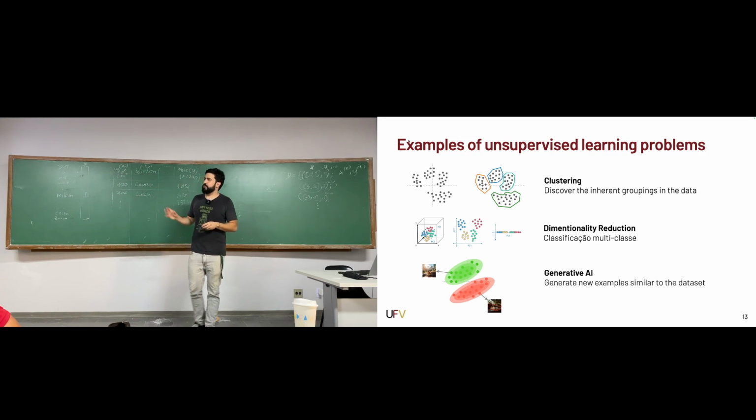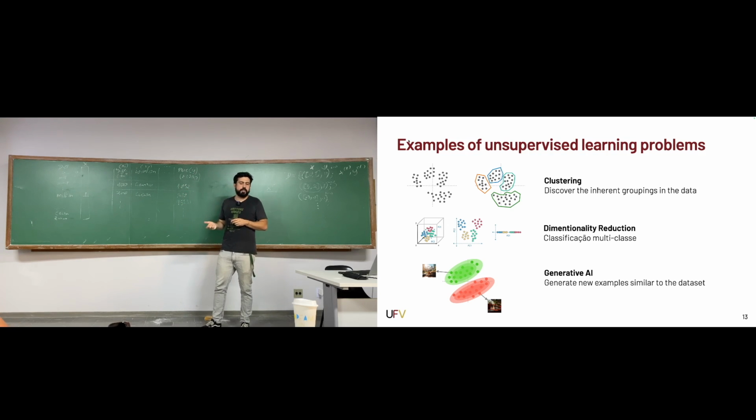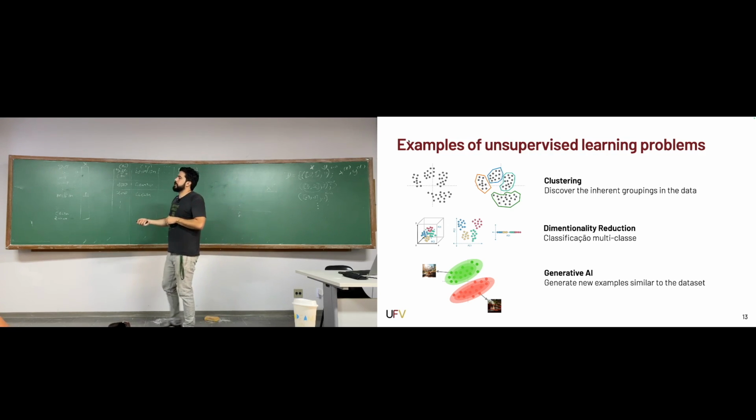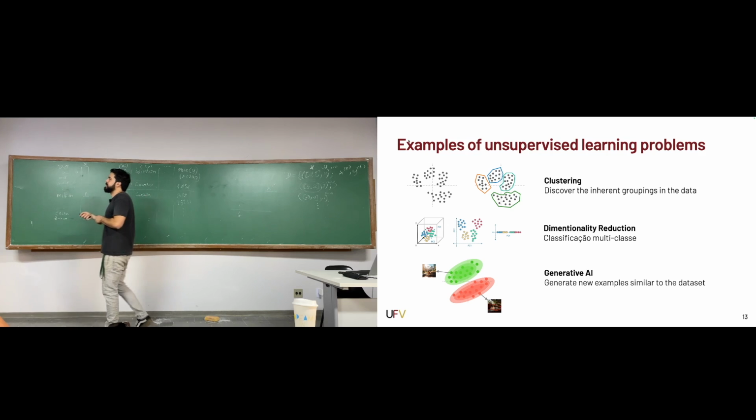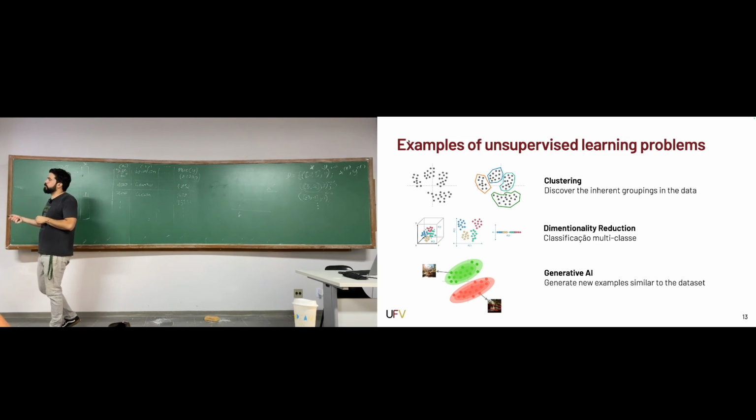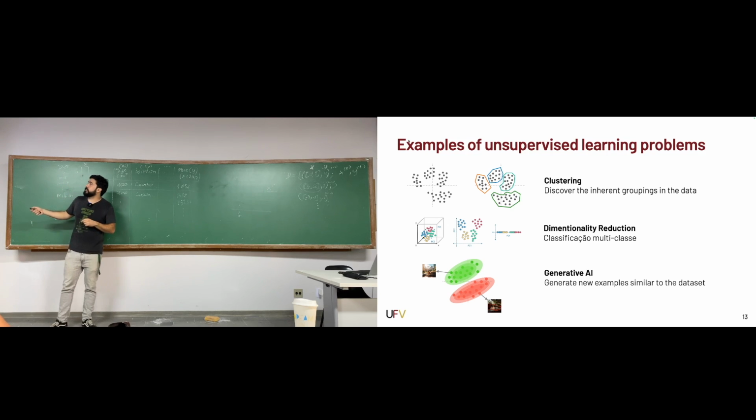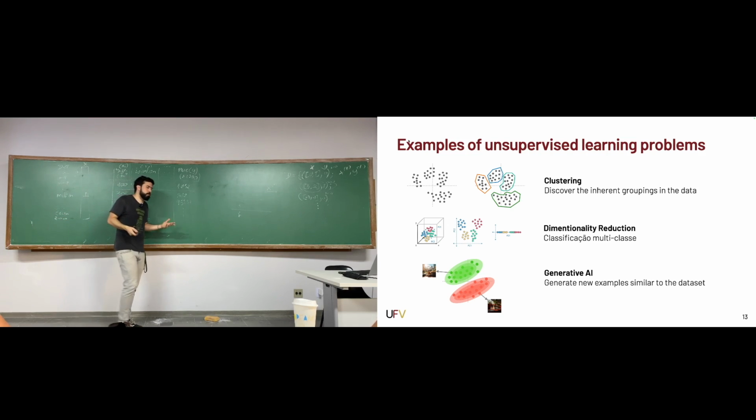So if you see this name, self-supervised learning, it relates a lot to generative AI and how these models are trained. It's inherently different from classic unsupervised learning problems, but it's also unsupervised because there is no label there.